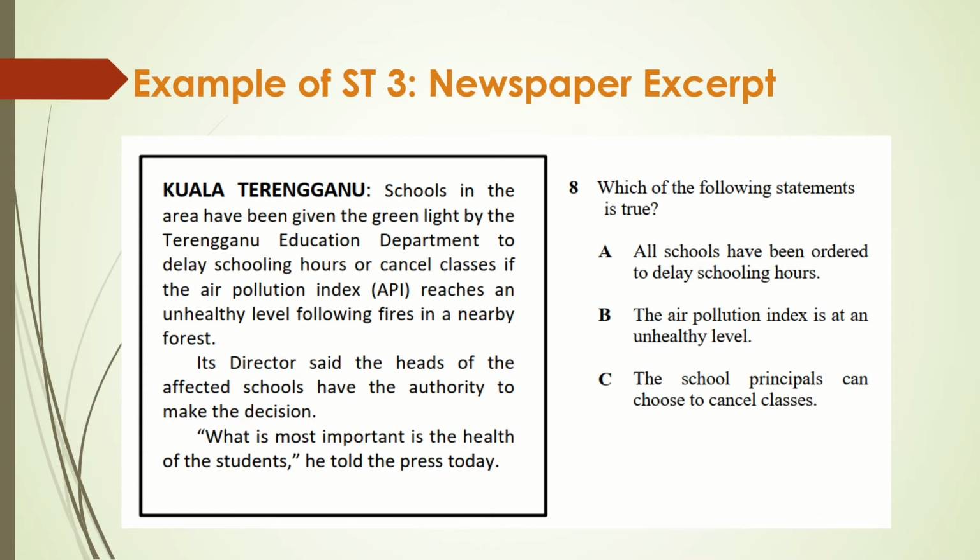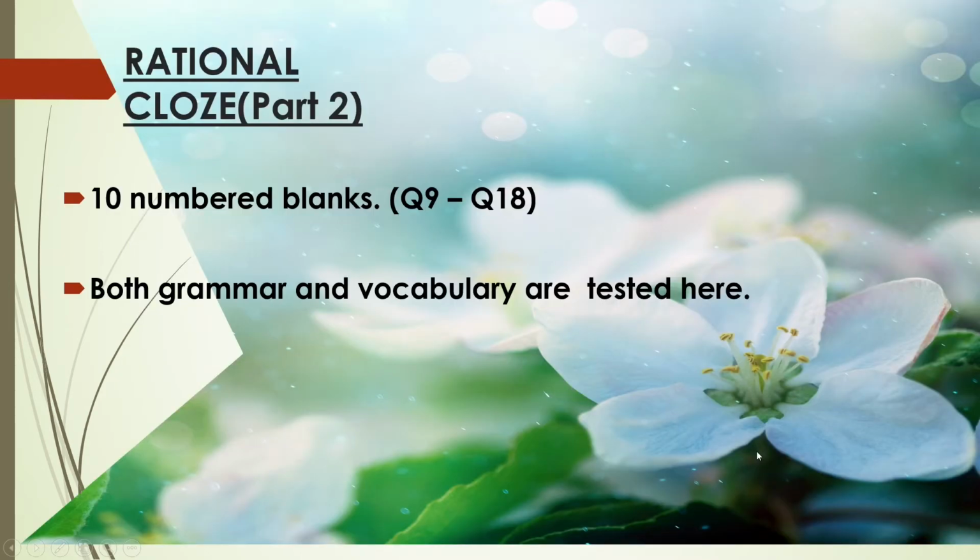So that means it is still okay. So principals can choose not to cancel classes. The keyword here is if, and for B it is at an unhealthy level. So you guys can understand here, right? This is almost the answer, but it's not. Okay. Moving on to next question.